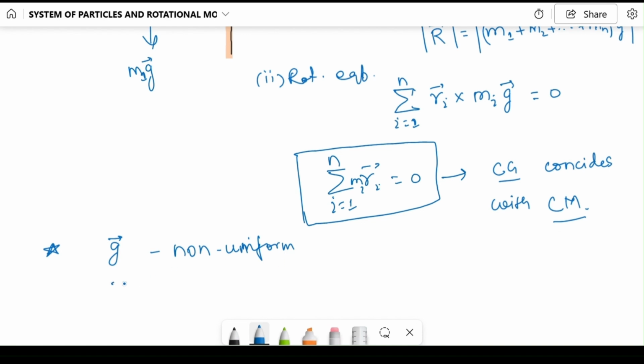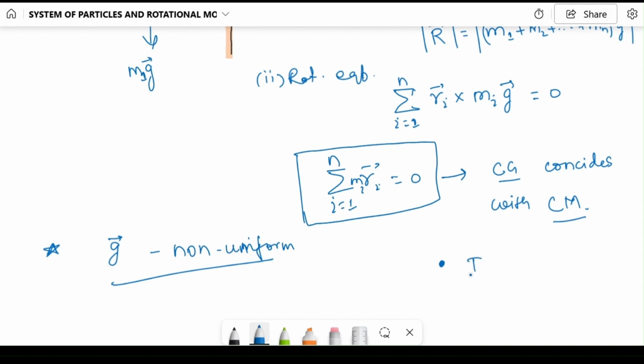Okay, so we can say in case of uniform gravity, small objects or large objects placed in uniform gravity, center of gravity coincides with center of mass, and this statement will help us to find out center of gravity in various cases where we know the center of mass of the objects.